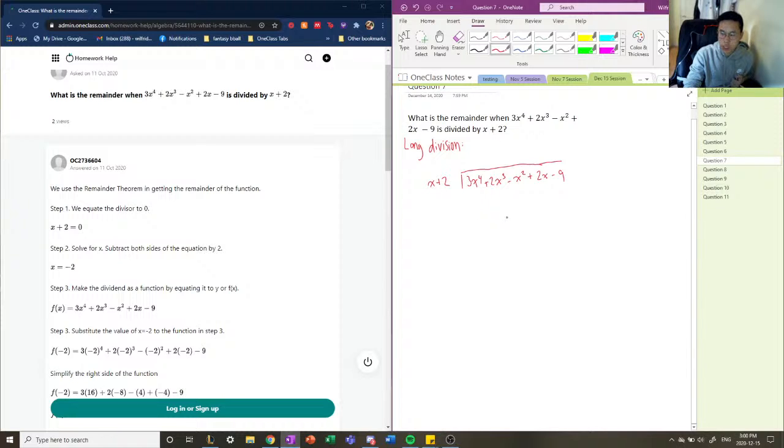So long division is similar to division, and you're going to treat each of the terms of a polynomial as a digit of your number in normal division, okay? And these are going to be also treated as digits. So all the terms in your divisor and in your dividend are going to be your digits, okay?